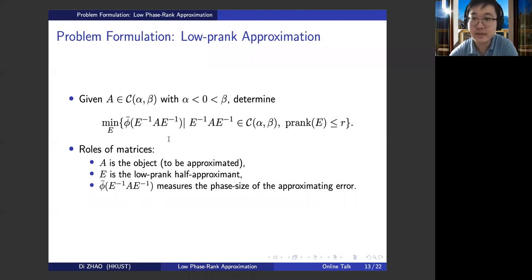Why do we do both sides? Because in general, the multiplication of matrices can't be swapped; they don't commute like addition or subtraction. So we have to do this, and this is one reason.